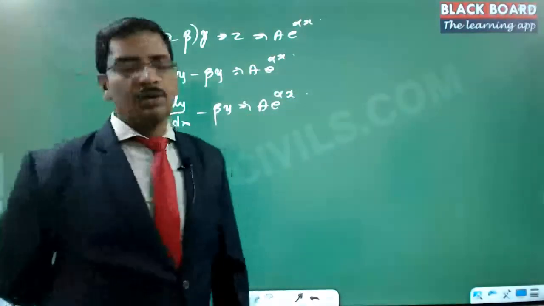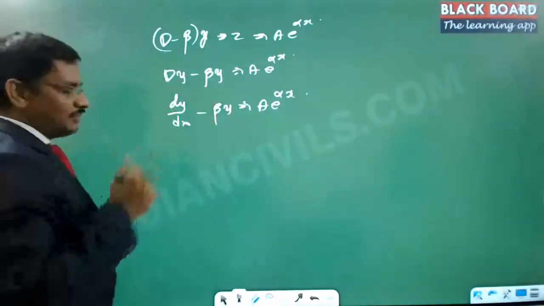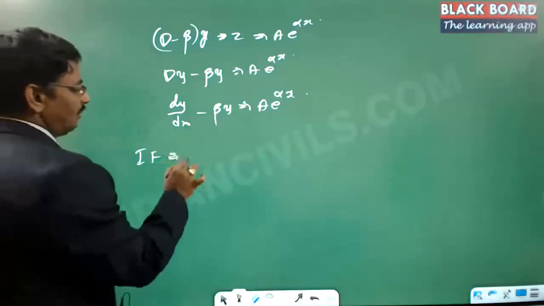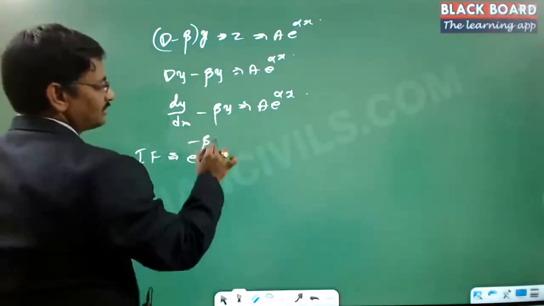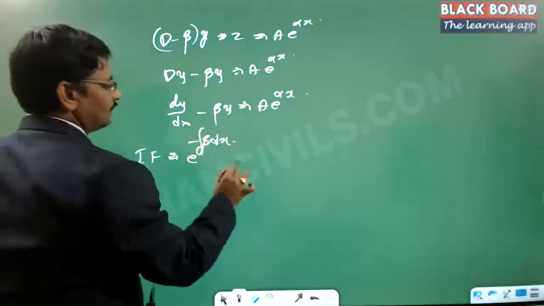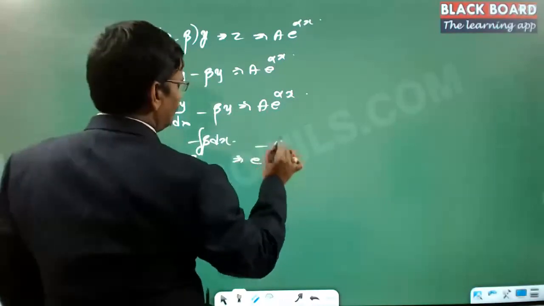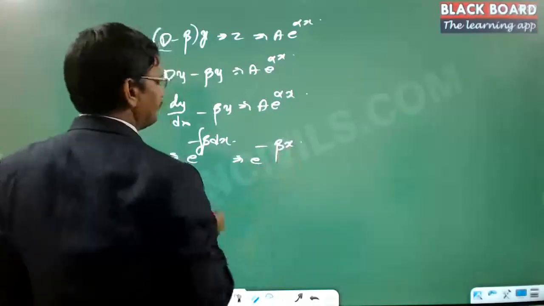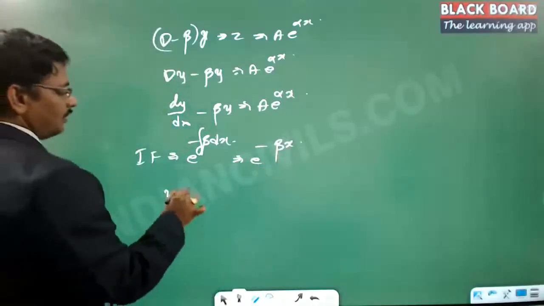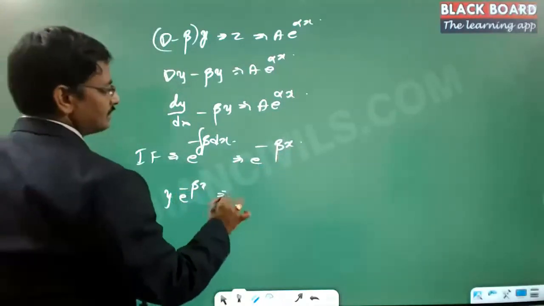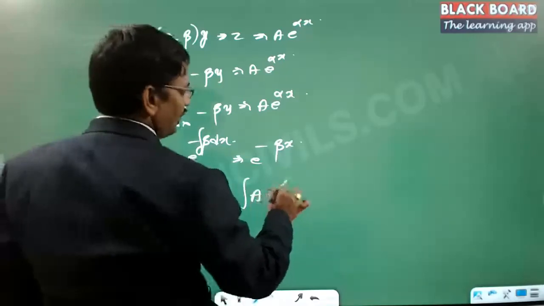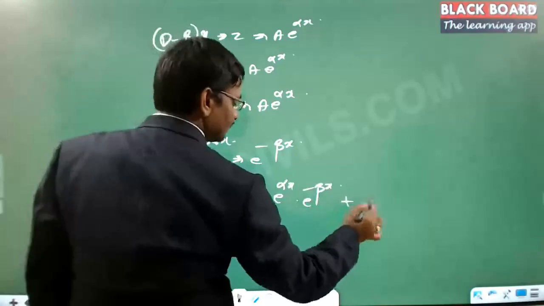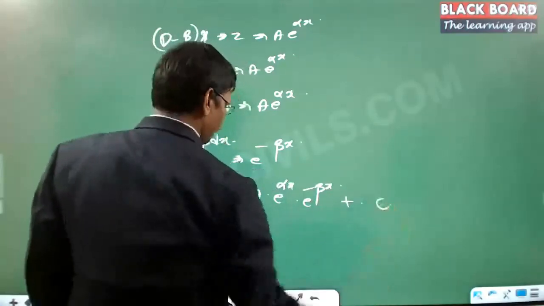Right? Now, this is again a first order linear differential equation, which is the Leibniz equation. The integrating factor for this is e power (minus beta times the integral of dx). So this is e power minus beta times x, right? So this is y into e power minus beta x is equal to the integral of a into e power alpha x and e power minus beta x, plus some other constant c.